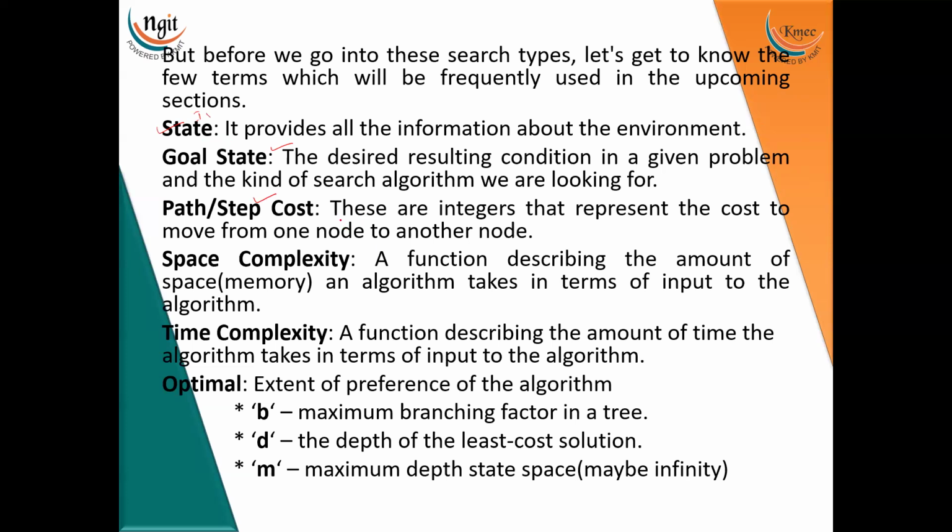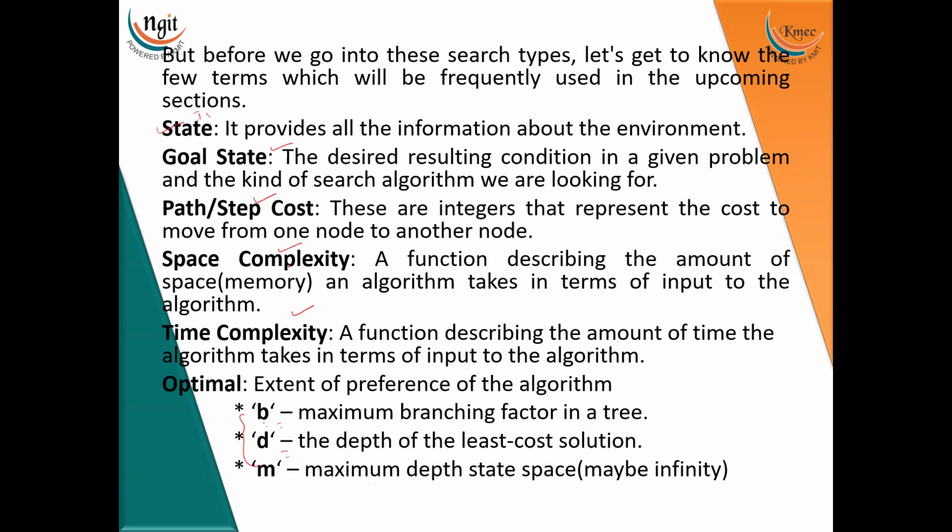Then there is space complexity, the amount of memory an algorithm takes in terms of input, and time complexity, the amount of time the algorithm takes in terms of input. We also use three terms: B, the branching factor; D, the depth of the least cost solution; and M, the maximum depth of the state space.